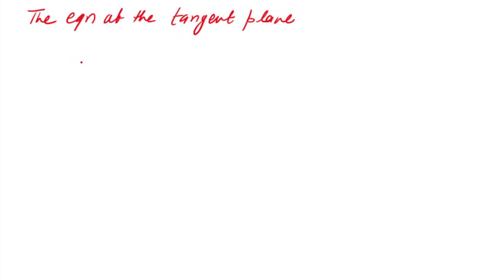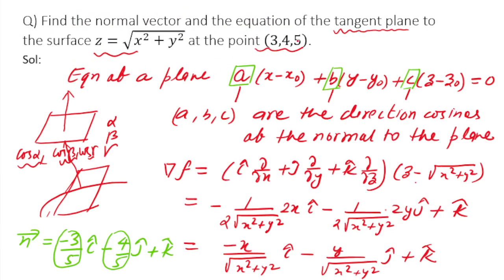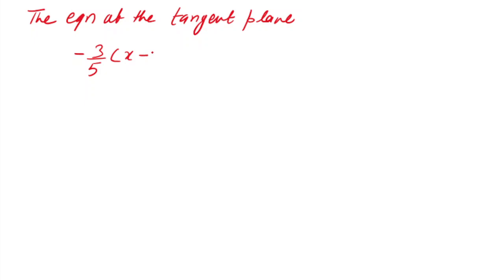So let me write the equation of the tangent plane. We have got the A value, so A was -3 by 5, and x minus x naught, so x minus, and we have to find the tangent plane at point 3 comma 4 comma 5, so I will write x minus 3, then the coefficient b will be -4 by 5, and y minus y naught.